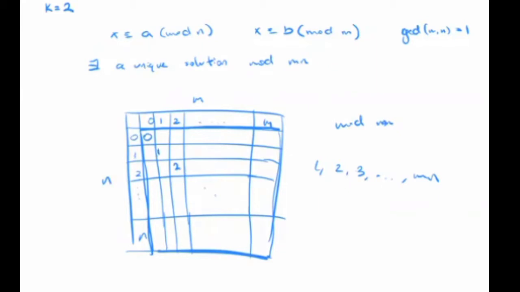So we can keep filling out the grid. And then we see there's mn spaces and mn numbers, and two numbers can't go into one space. Each row and column must have one number. And that number is the solution.